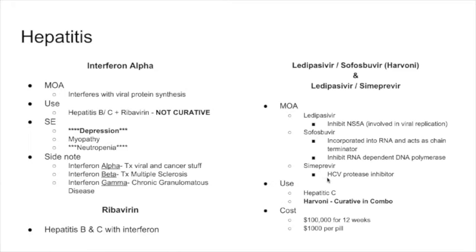And simeprevir is a hepatitis C protease inhibitor. If you're going to remember anything, remember ledipasvir, which inhibits NS5A. These medications are really the backbone of hepatitis C treatment. Harvoni, which is ledipasvir and sofosbuvir, is curative in hepatitis C.